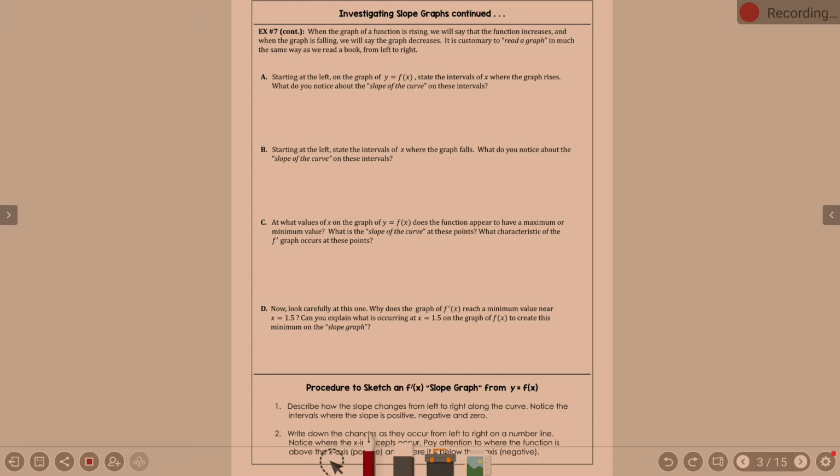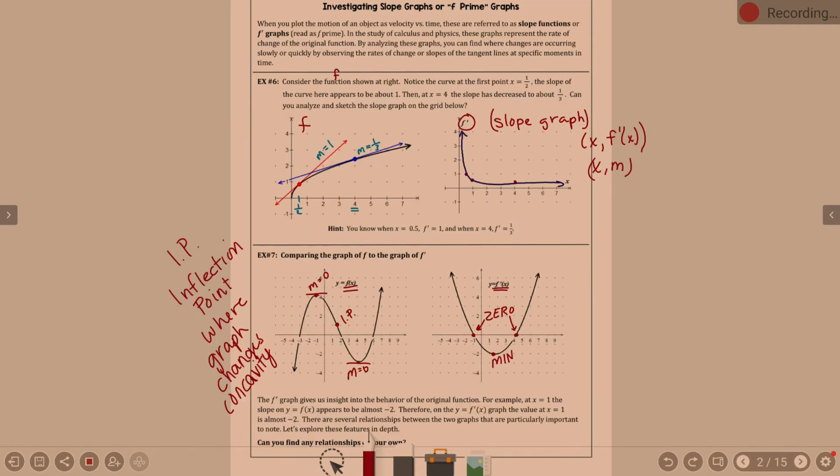Okay, so looking at the graph of f, we're looking at the first graph here, yes? Intervals where x rises. Where's x rising? Negative infinity. So as it's going off to the left, negative infinity, where does it stop rising? That's negative 1-ish. Okay. And then we start decreasing.